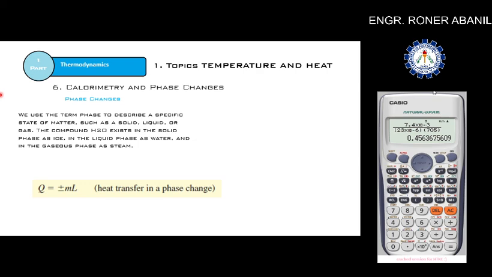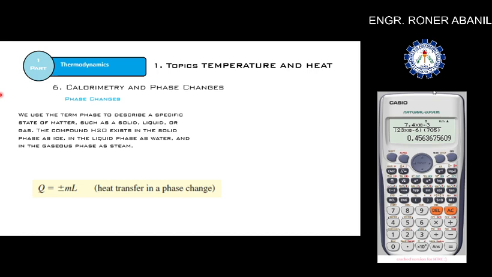In the gaseous phase naman, tinatawag siyang steam or yung nag-evaporate na. No? These are also referred to as states of matter: solid state, liquid state, and gaseous state. So, a transition from one phase to another is called phase change or phase transition. For any given pressure, a phase change takes place at a definite temperature, usually accompanied by absorption or emission of heat and change of volume and density.